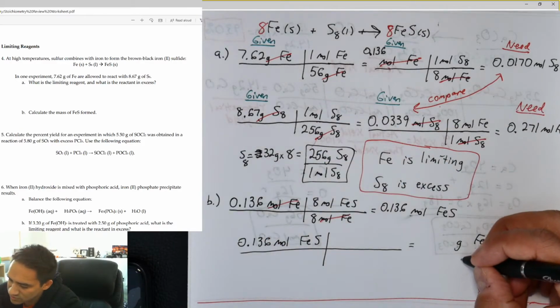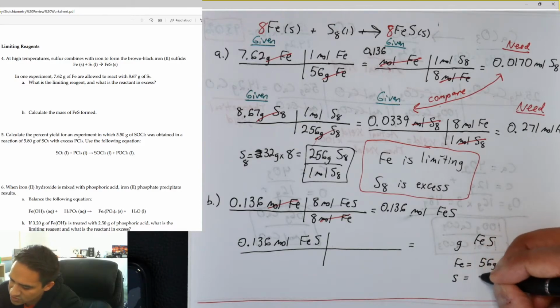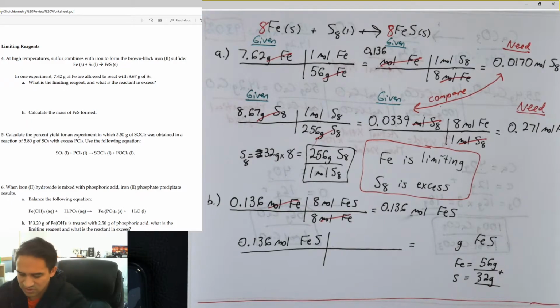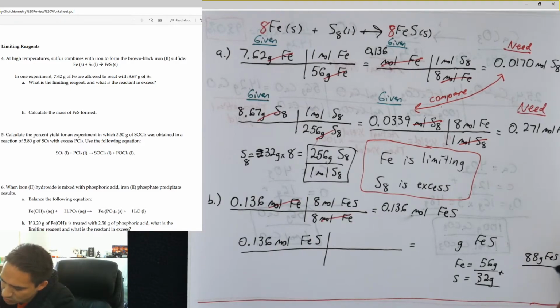So for molar mass, we have Fe, which is 56 grams, S, which is 32 grams. Add these together, 56 plus 32. I get 88 grams per mole. So 88 grams of FeS per 1 mole of FeS. So there's our molar mass.